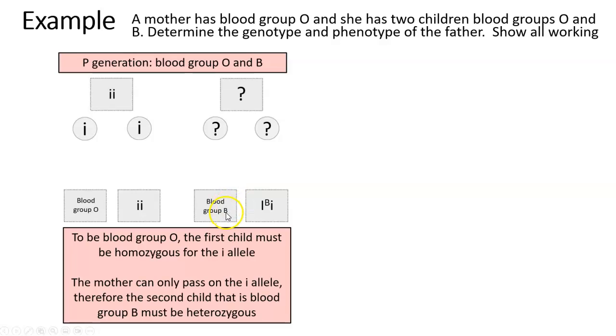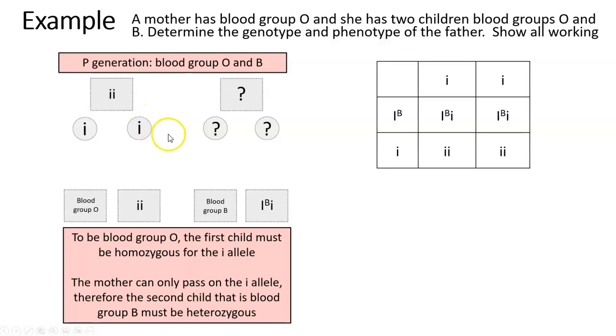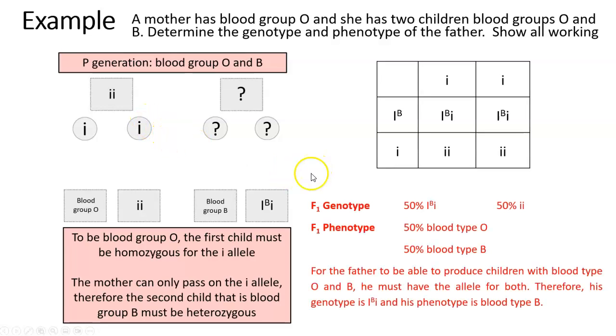And if the other child is blood group B, that child must be heterozygous because he or she has received that recessive gene from the mother. Therefore, we know that the father must be able to produce children with blood types O and B, and therefore he must be heterozygous and have both alleles. And we have proven that by completing our Punnett square and working backwards.